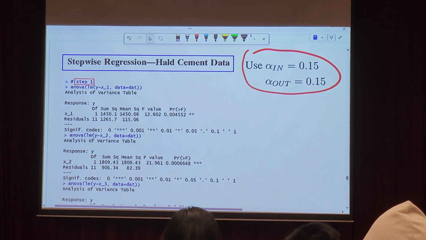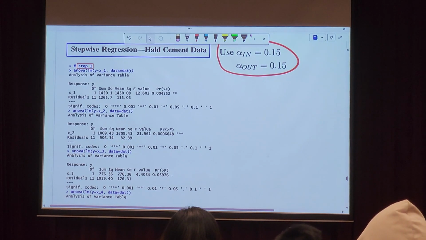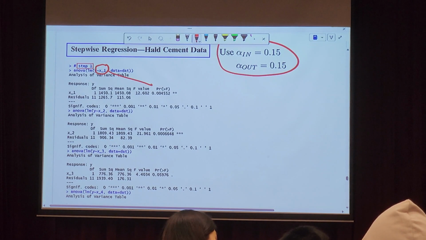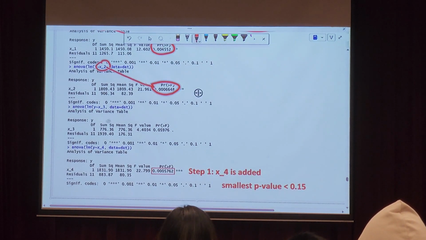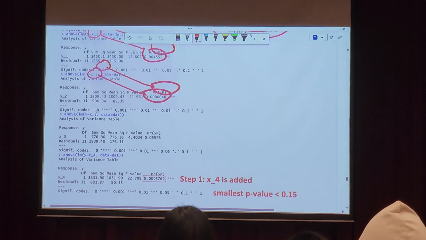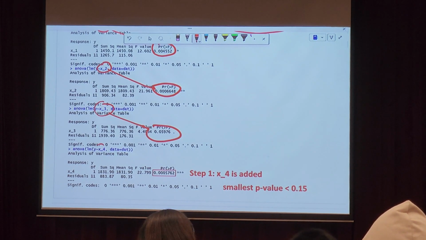Alright, step 1. Step 1 is choose a variable to be included. This is just like forward selection. So x1 is this, x2 is this, x3 is this one, x4 is this one.